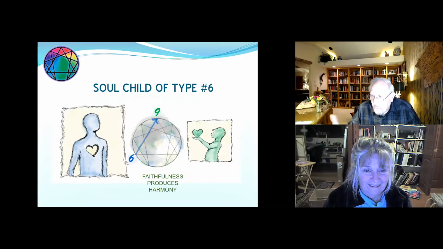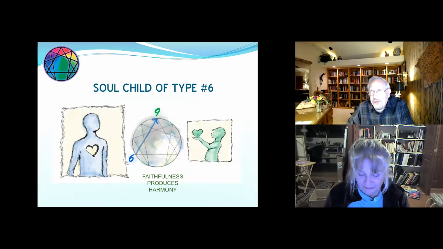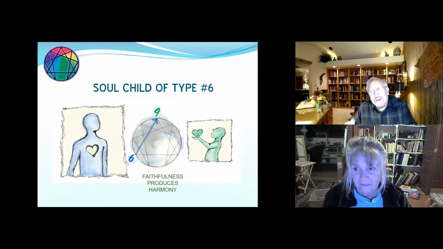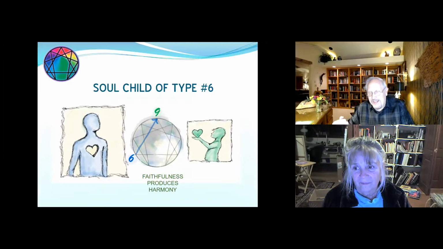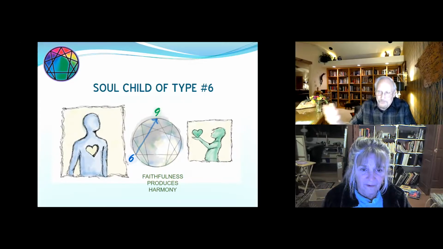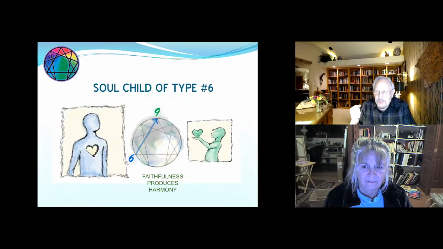So Rohr writes about it. The 6 has chosen a defensive posture against their primal knowing. So deep, deep down, they knew it was safe, but they weren't allowed to trust that. And so instead of resting in the full presence of and being held by God, by the divine, by the universe, they had to force the issue.